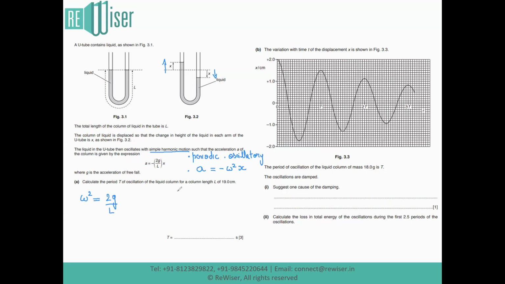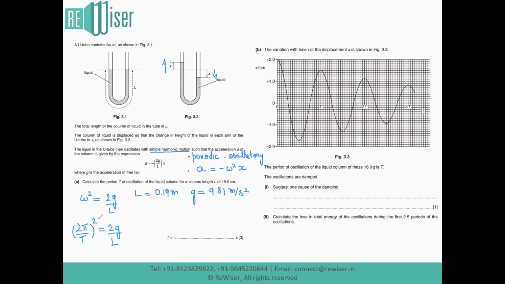Now, we understand that the value of L is given to be 0.19 meter in SI units. The value of g is a constant from the data booklet, known to be 9.81 meter per second squared. We know that ω² is equivalent to 2g/L, and ω in terms of time period is written as 2π/T. So the equation becomes (2π/T)² is equivalent to 2g/L.